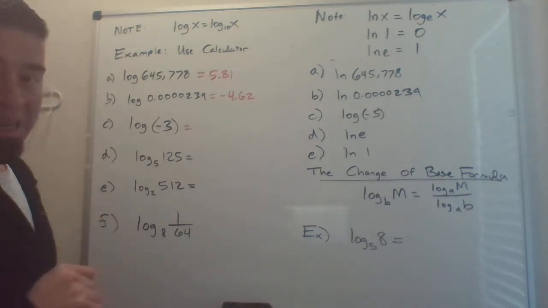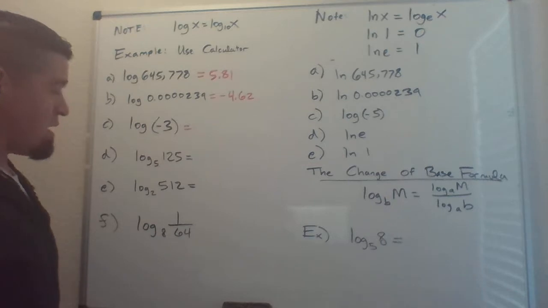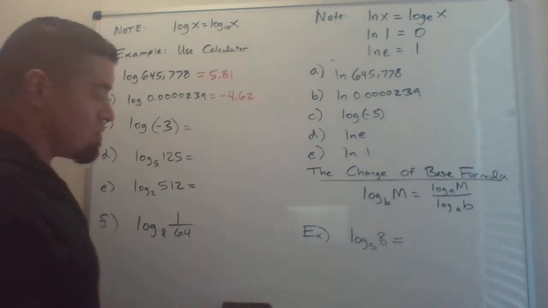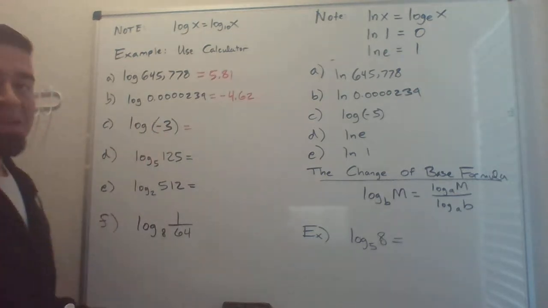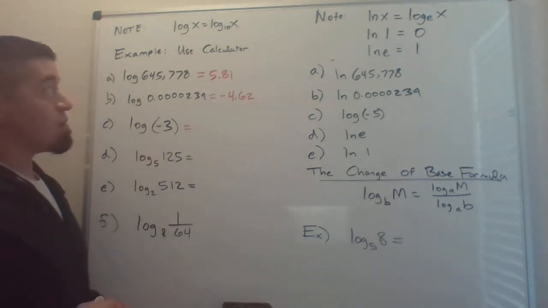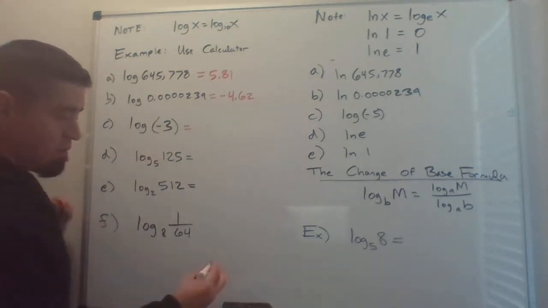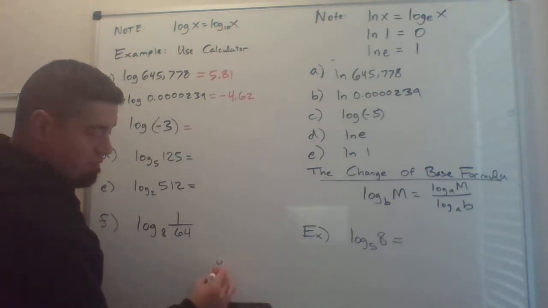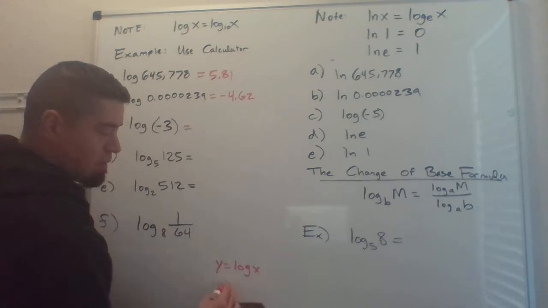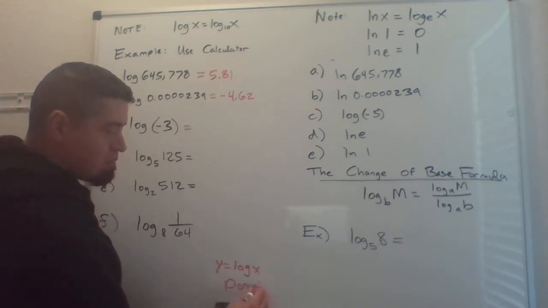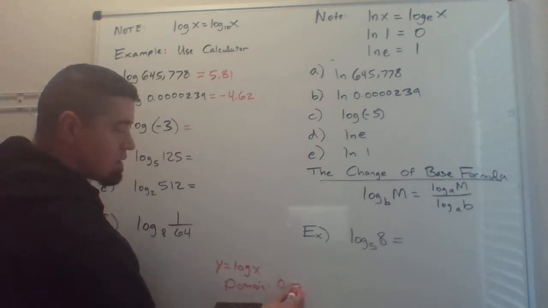So you'll find that the calculator will tell you an error or it can't do it. So why is this? Negatives are not in the domain of logarithms. So that could be a little note for us. Domain of y equals log of x. The domain must be greater than 0, or 0 to infinity.